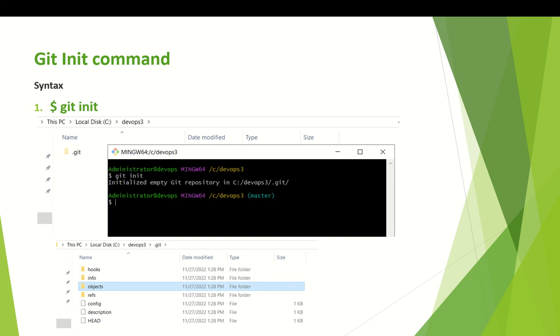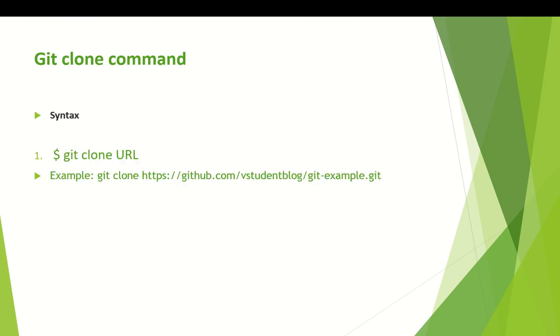Going to the next slide, the git clone command. In the picture we saw developer 2 trying to pull the code from the remote repository. At that time he will clone the repository. This command is used to make a copy of a repository from an existing remote repository URL.